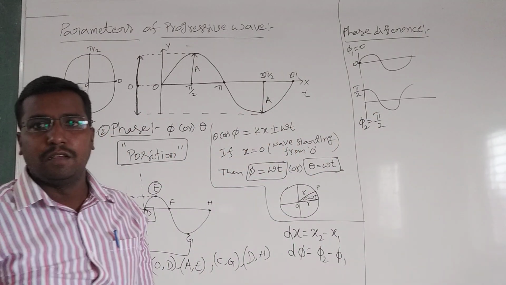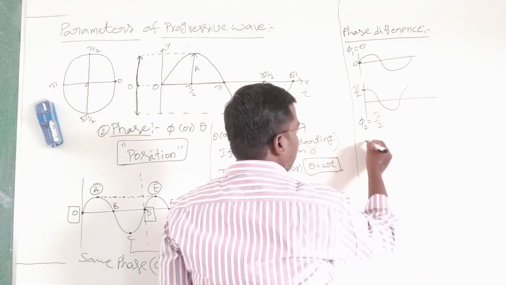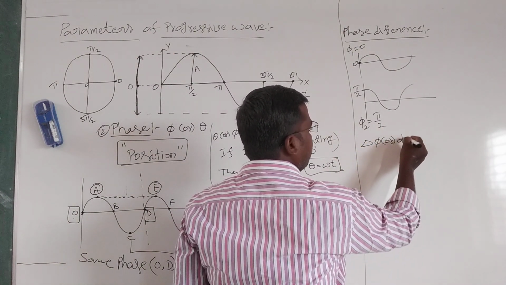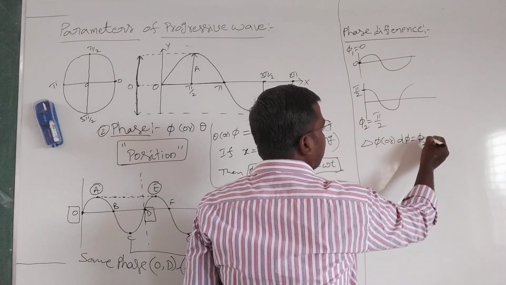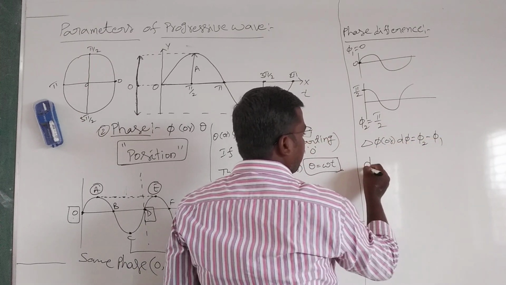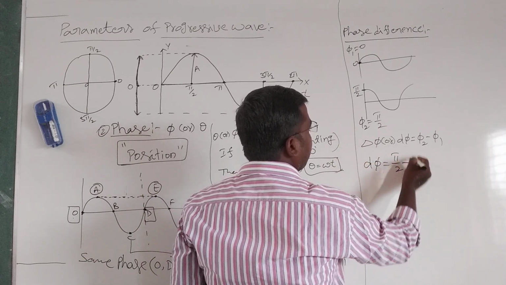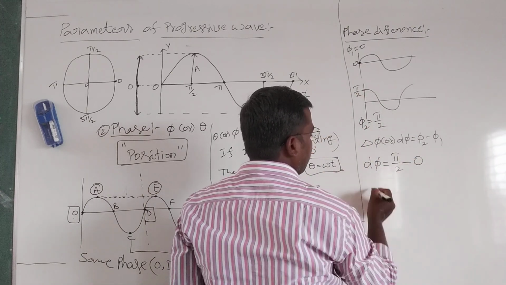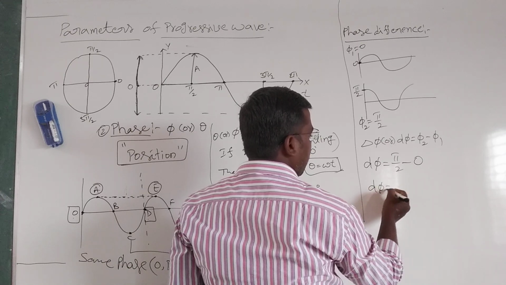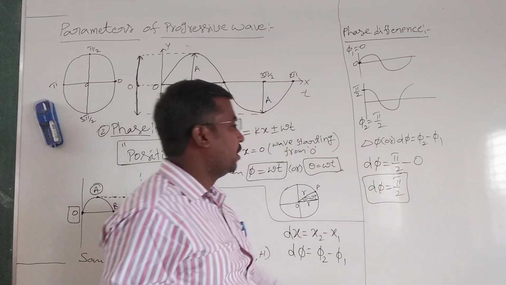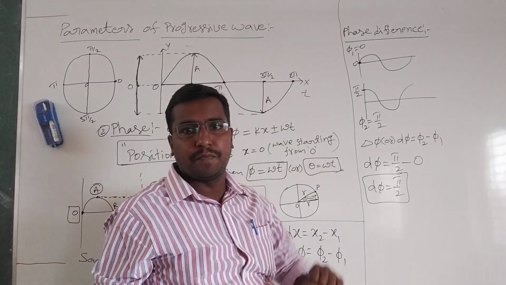Then what is the phase difference? Then phase difference delta phi or d phi is equal to phi 2 minus phi 1. Then d phi equal to pi by 2 minus 0. Then d phi equal to pi by 2.